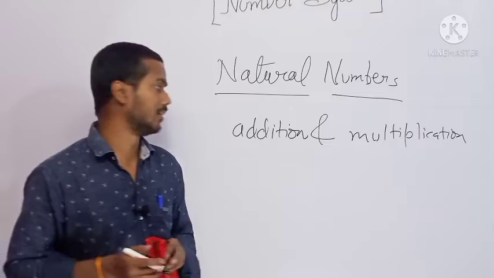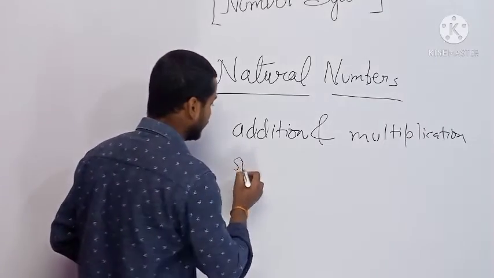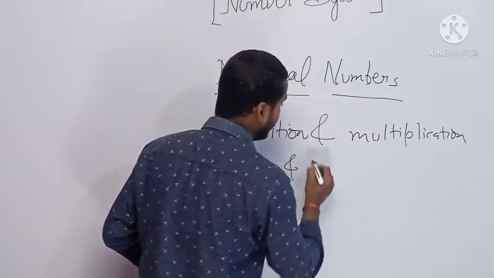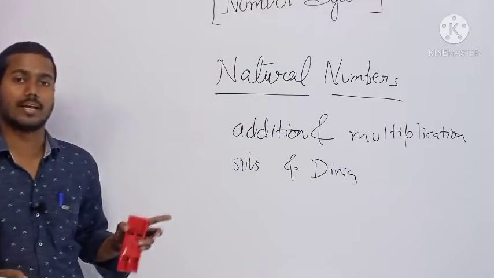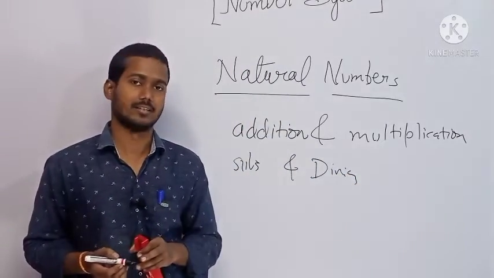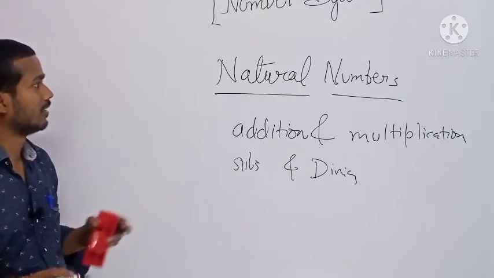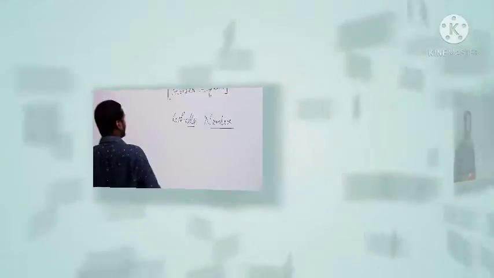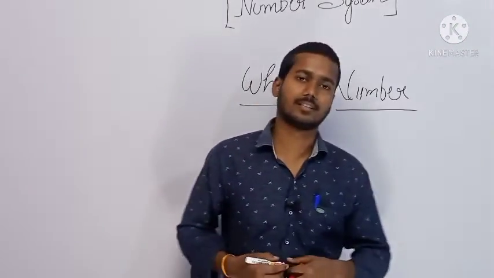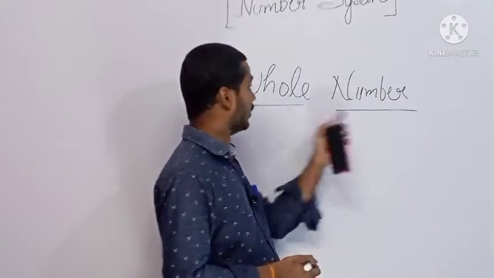But in the case of subtraction and division, it's not always possible that you get a natural number as a result. So always remember that these are the important properties of natural numbers, right? So let's discuss the next number, that is the whole number.